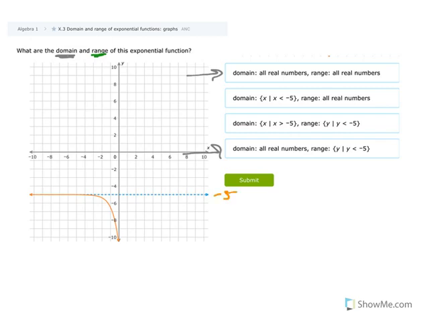So your graph is going to approach a y value of -5, but never quite get there. But in this case, your y values are going to be less than -5. So y is less than -5. Which one has y is less than -5? It looks like it's going to be this one.